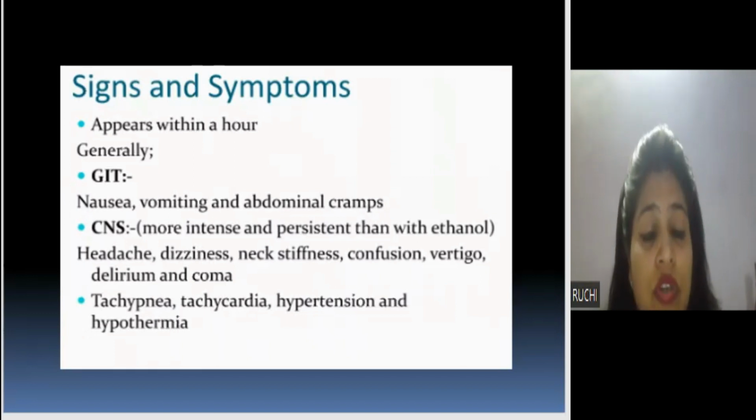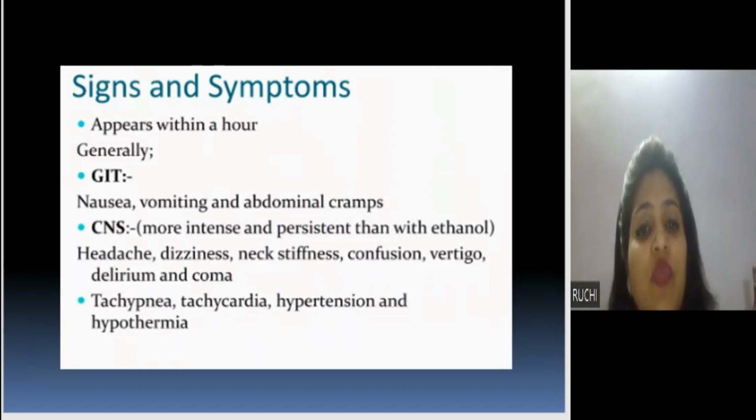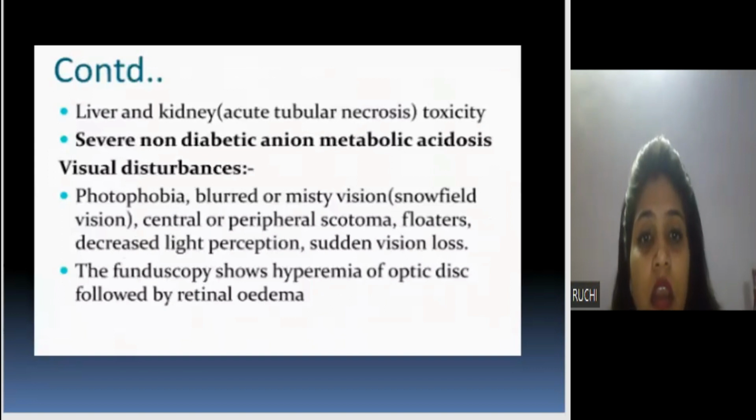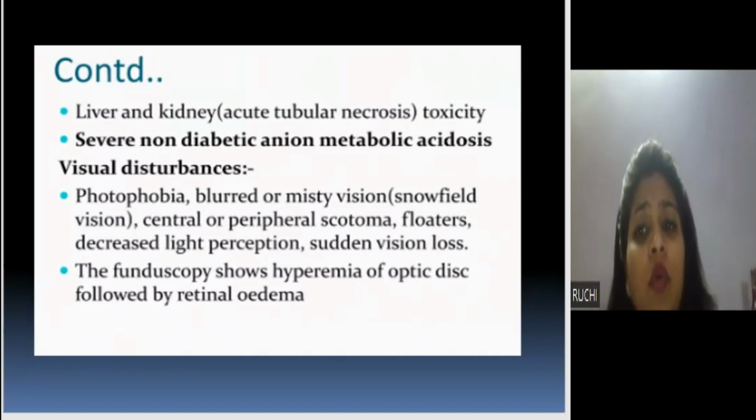There will be blurry vision, and retinopathies are very common. The patient will be tachypneic, tachycardic, hypertensive, and hypothermic. In the liver and kidney, there will be acute tubular necrosis or toxicity. Severe non-diabetic anion gap metabolic acidosis is very common.